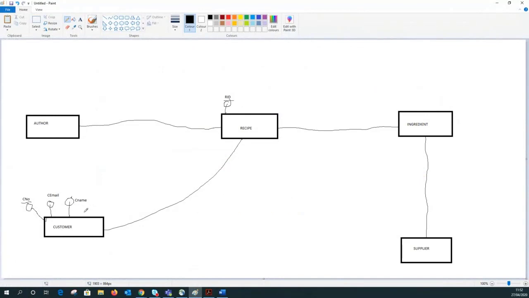So where is the date actually going to be recorded? So the date is actually going between customers and recipes. Now if you think about this relationship, one customer can download many recipes, right? One recipe can be downloaded by many customers. So the date actually belongs somewhere here, right? So that means if we have a many-to-many relationship there, we can't keep the many-to-many relationship anyway, so we create a kind of weak entity in the middle.